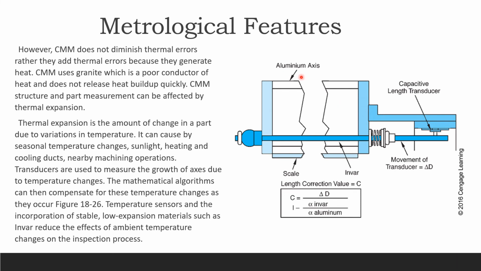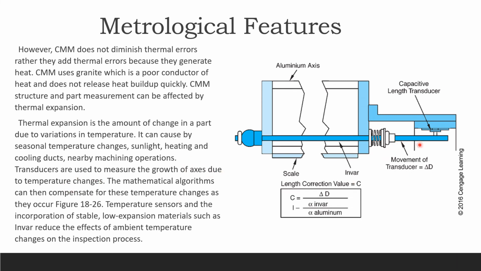So here you have the aluminum axis. These are just a scale, and this is the material invar. And then here is the movement of a transducer. Again, the transducer is going to be used to measure the growth of axes because of your temperature changes.